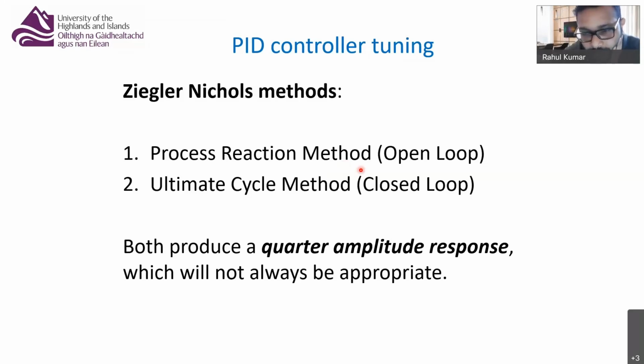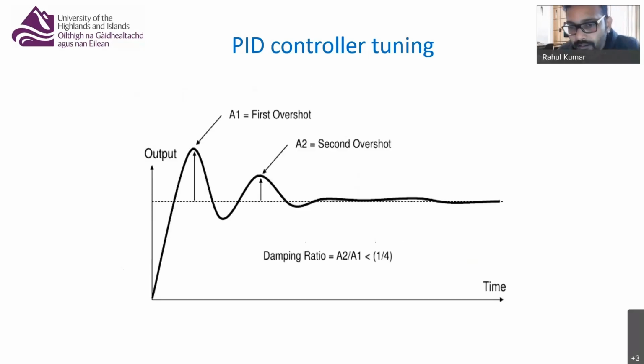Now for the closed loop system, this method is called the ultimate cycle method, and both these methods produce a quarter amplitude response. Okay, now what is a quarter amplitude response? So basically your output produced after adjusting the values will be something like this.